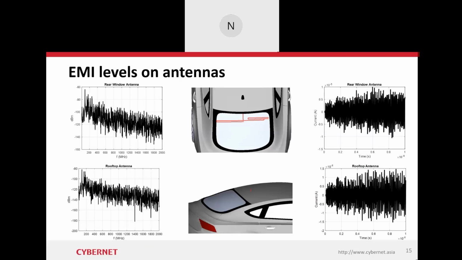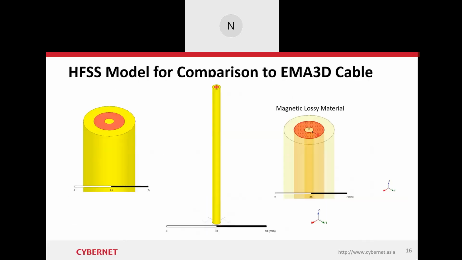You can get many results, like the antenna's interference at low frequency. So we will put this kind of antenna into EMA3D to do some simulations, but you will be interested in what the difference is between HFSS and the EMA3D cables.